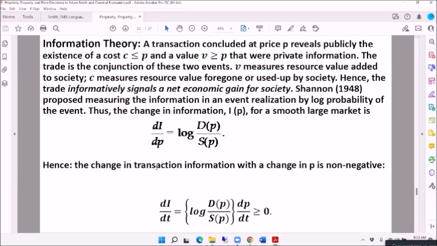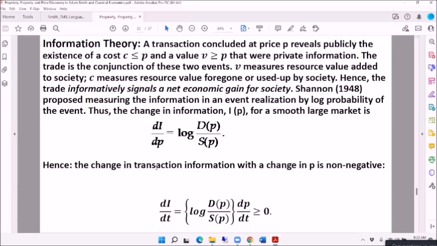There's a trade, and now that's revealed. Okay, an approximation, you see. And the V measures the value added to society by that trade, and the C measures the cost of resources used up in order to satisfy that value. So the trade informatively signals a net economic gain for society.